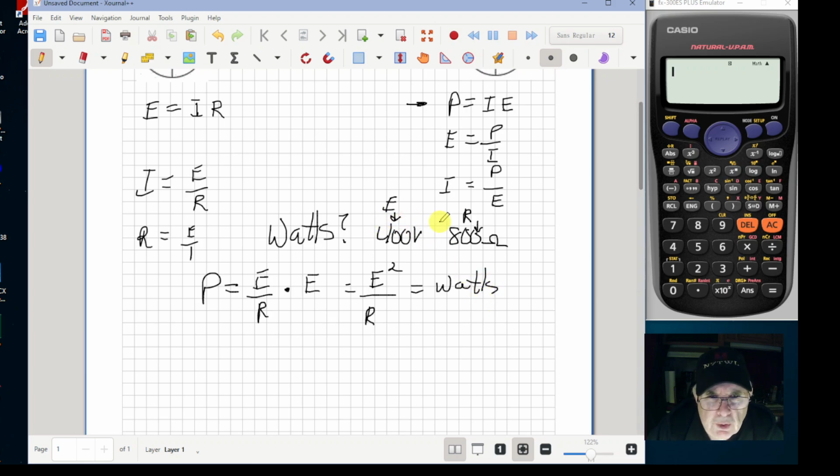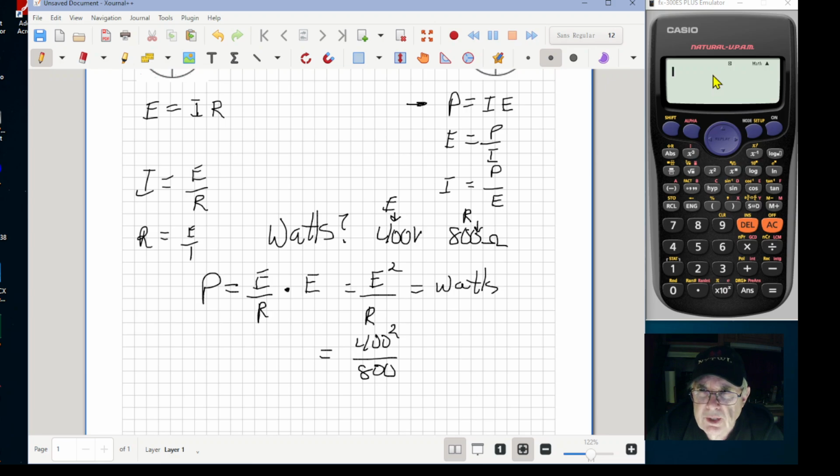And I have those two values, so let's plug those in, and I get 400 volts squared over my resistance of 800 ohms. Now, don't jump the gun and start getting rid of zeros here. You've got to do exponentiation before you do anything, so don't do that. Just get your scientific calculator.